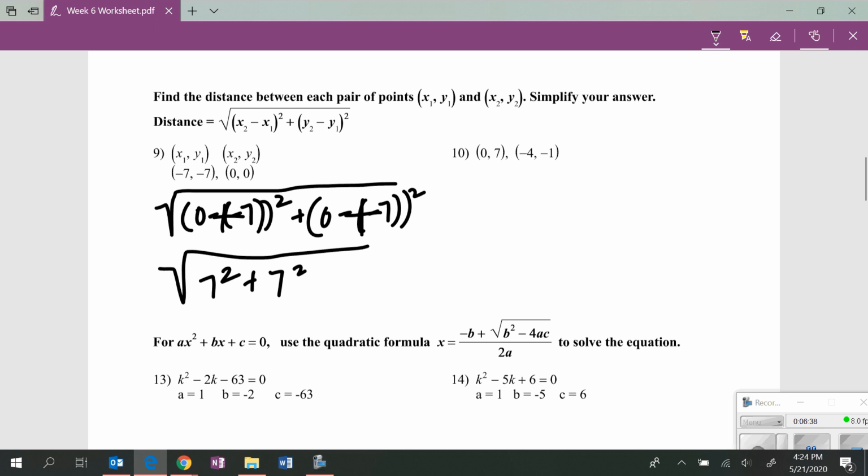So I've got 49 plus 49, because that's what 7 squared is. That means I've got the square root of 98, okay?